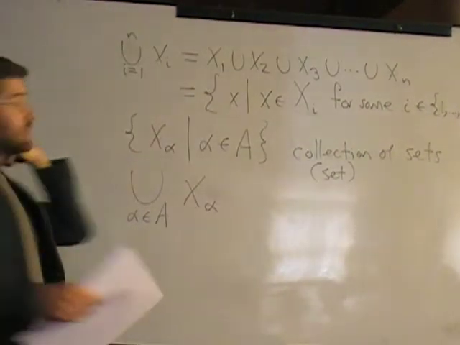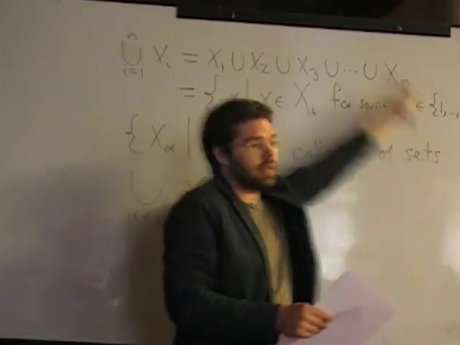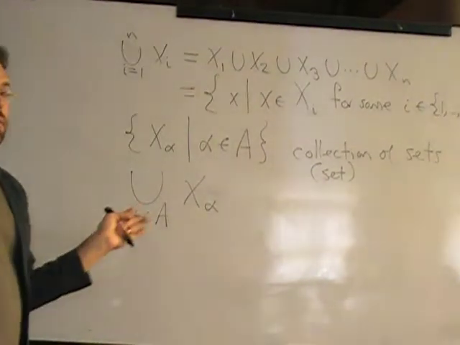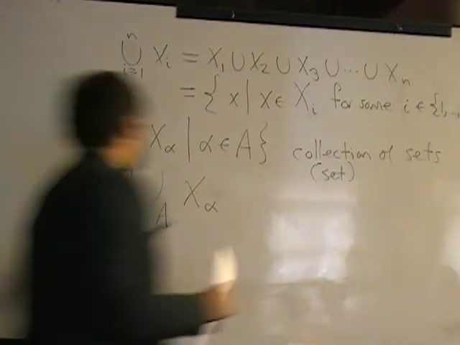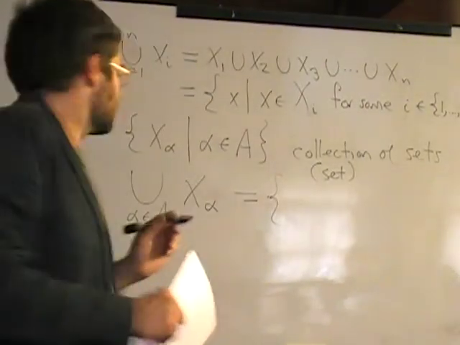And now the thing is that unlike in this example where you're taking the union of finitely many sets, this could actually mean the union of infinitely many sets, which is no problem whatsoever. You can write out what it means exactly like this.